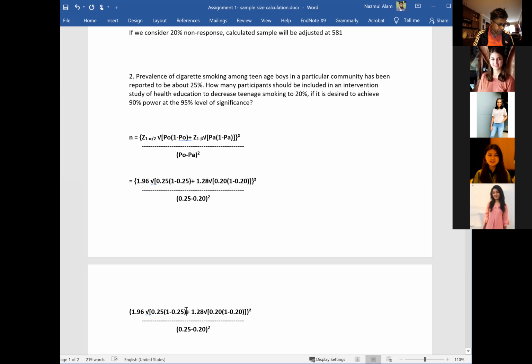Okay, so 0.25 into 0.75 is 0.1875, and 2.8.